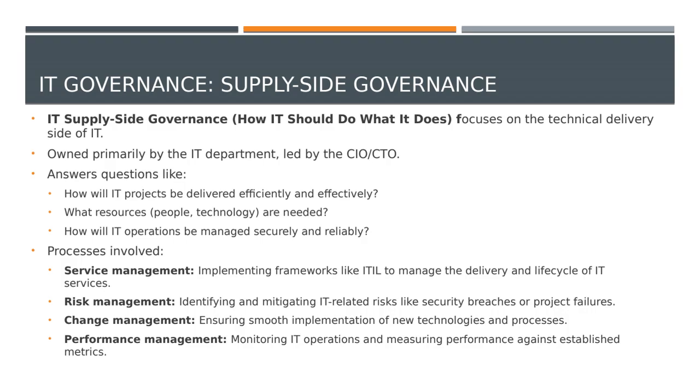We said demand side. Now, what about supply side? Supply side is about the technical delivery, the system itself. Demand is process, business, stakeholders. Supply is the real action, which is technical delivery. It's owned primarily by the IT department. And who is in charge of IT is usually the CIO, Chief Information Officer. In some organizations it is called CTO, Chief Technical Officer.